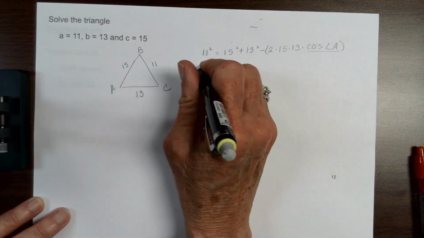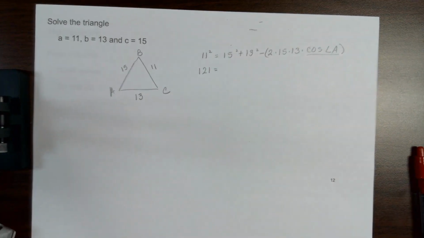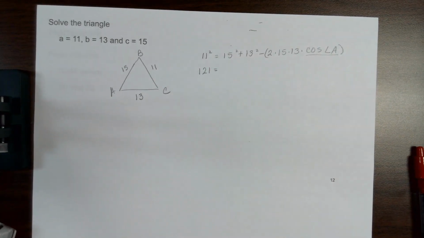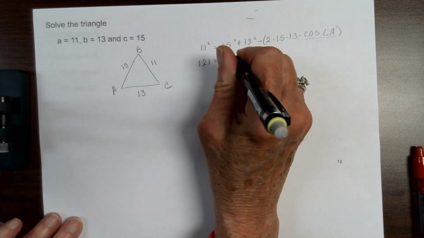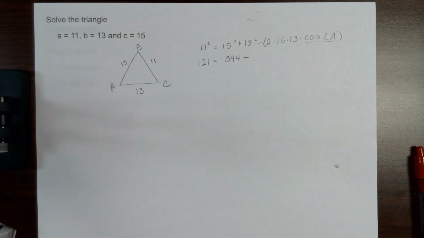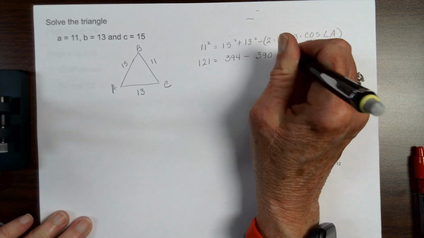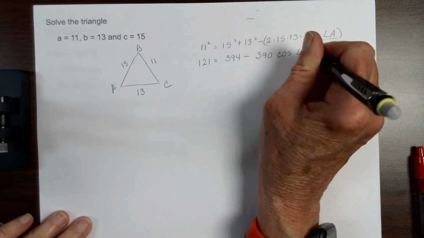Okay, so I've got 121 is equal to 15 squared plus 13 squared, which is 394, minus 2 times 15 times 13. It's going to be 390 times the cosine of angle A.